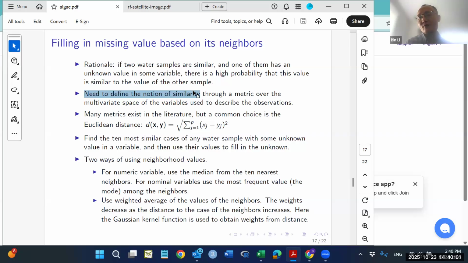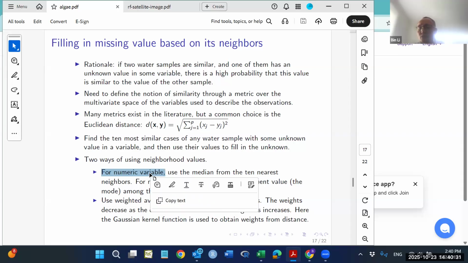If the distance is large, that means they are less similar. For the distance, we can use the Euclidean distance, or if it's categorical, we can define some distance, or we can use some default way to measure the distance.